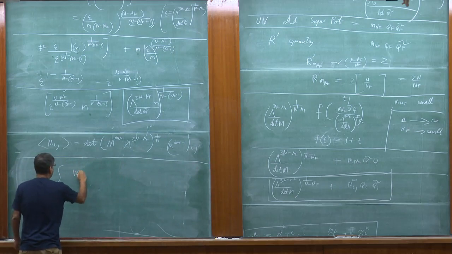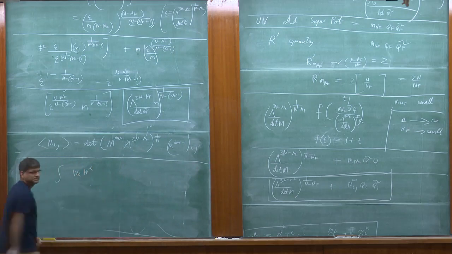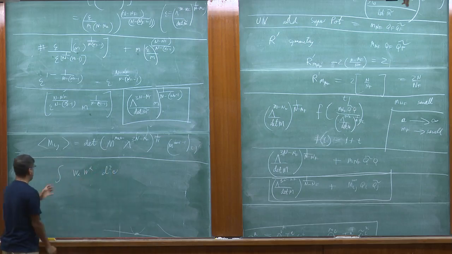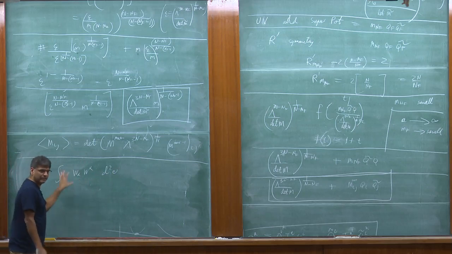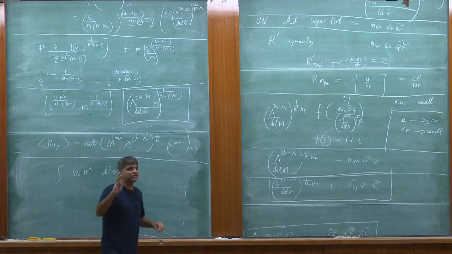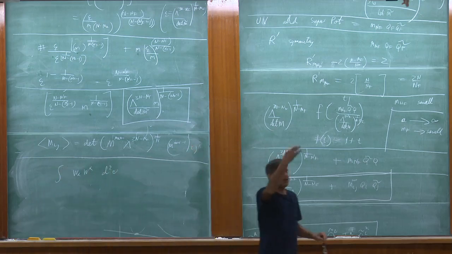See, we had W alpha. Now, since this is an integral over half of superspace, anything that you multiply here must be a chiral multiplet. So you can multiply by more powers of W's, but that will not affect the potential.